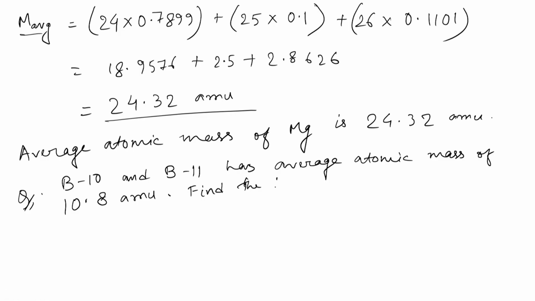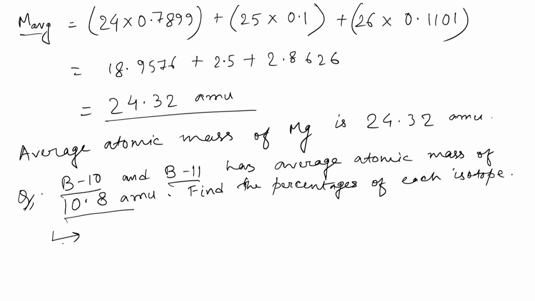Find the percentages of each isotope. Okay. So boron 10 and boron 11 has average atomic mass of 10.8 AMU. Find the percentages of each isotope. So here average atomic mass is given, we have to find the percentages.